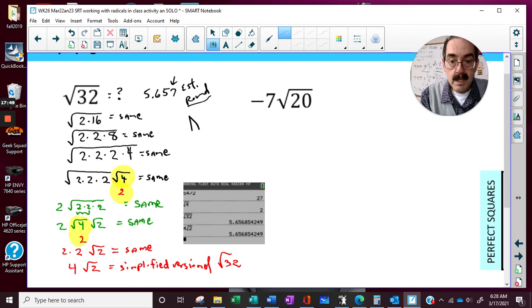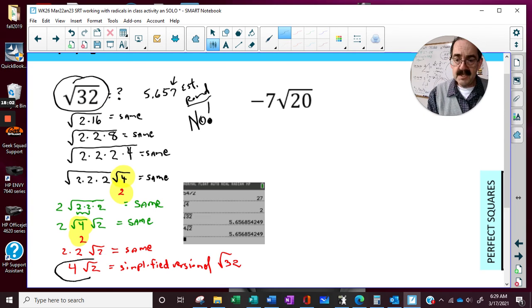No. We need to be exact, but this is not as powerful a tool as this. So, in class, have a little discussion, talk about the power of being exact and the power of having the 4 on the outside.